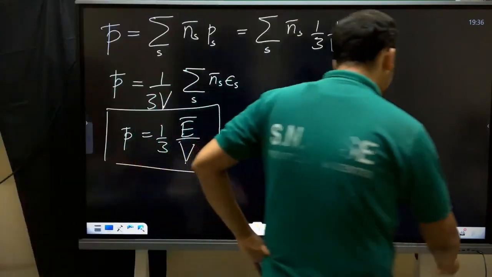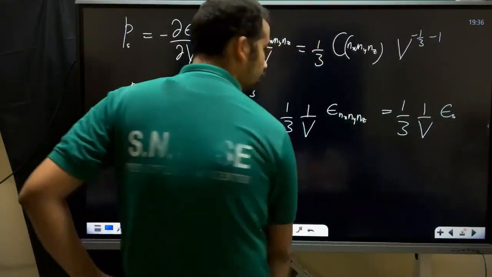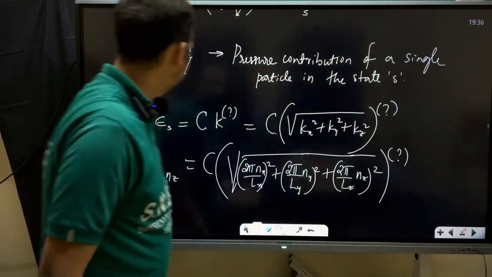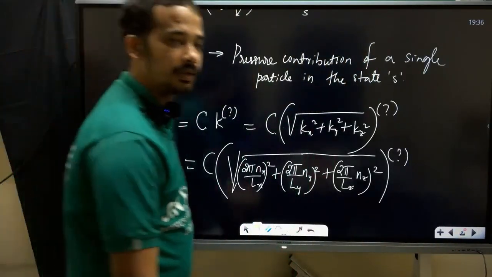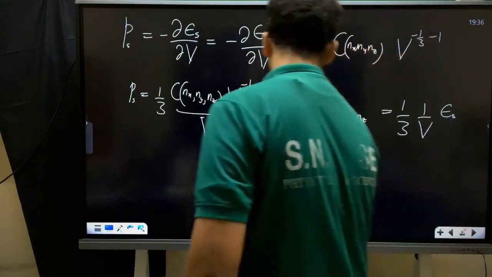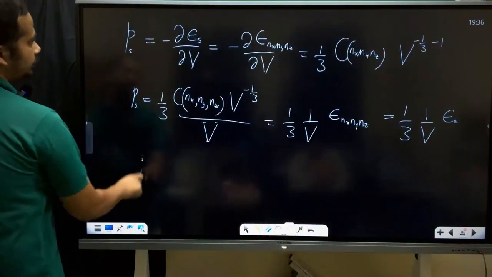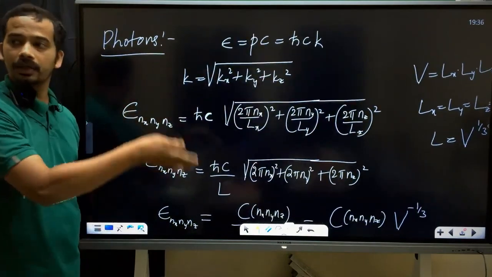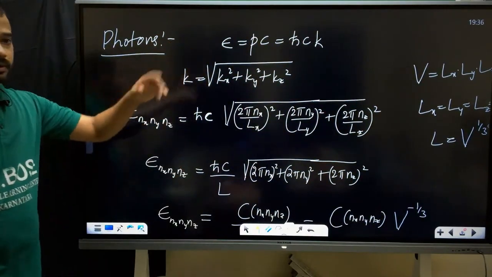Now it all depends on, don't forget, the dispersion relation. That dispersion relation led to this relation actually. So now somehow we can say pressure is related to energy density. How it is related to energy density depends on the dispersion relation.